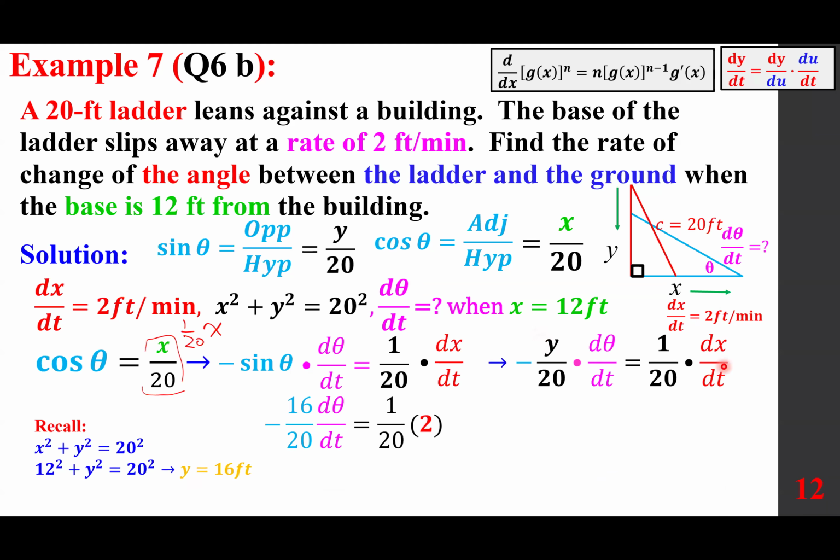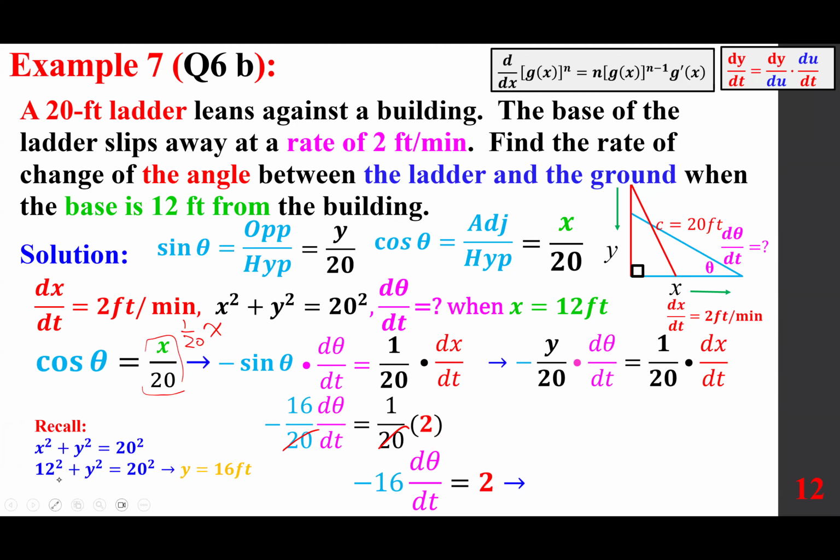Now, notice you have a couple of fractions, and we have the denominator 20. You can just drop the denominators because they are identical, which means you really have minus 16 d theta/dt equals 2. That's the meaning of it, everybody.